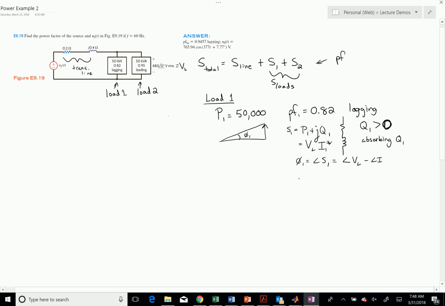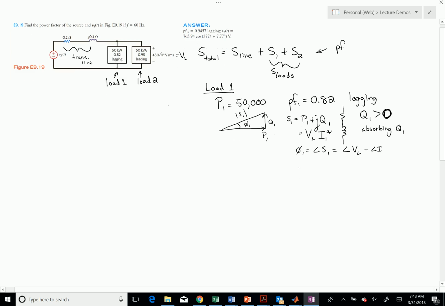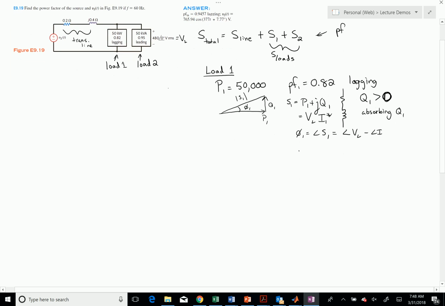But I have phi 1. I drew this with a positive Q. Here's P1, and I call the length of this guy the magnitude S1. What do I know?